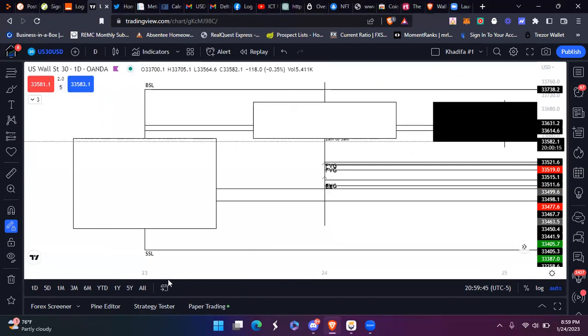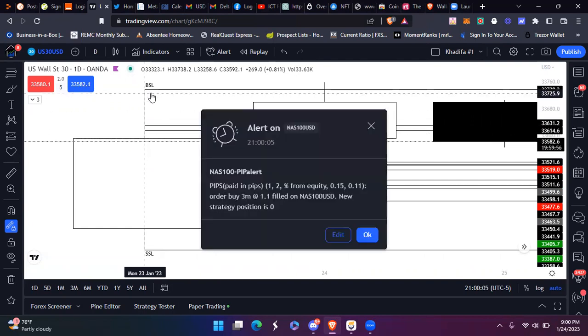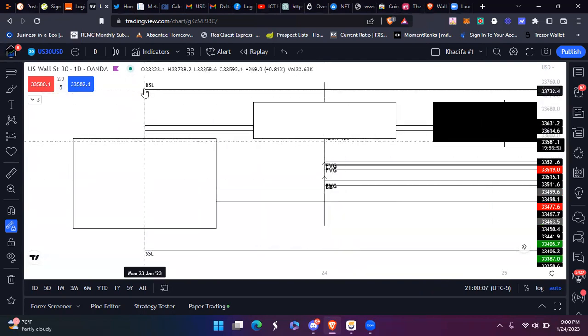As you can see, I have Monday's daily candle marked here. The BSL stands for buy side liquidity, and the SSL stands for sell side liquidity. Those are the highs and the low of the previous day's daily candle.